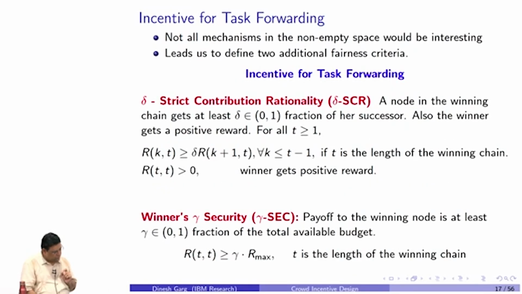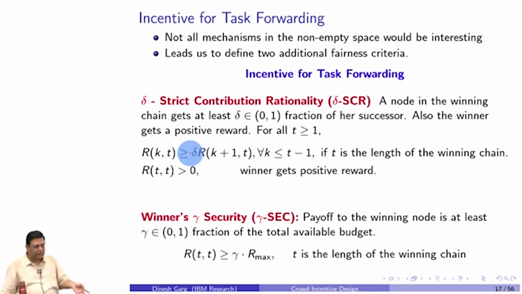Now, we can also define something called delta strict contribution rationality, and winner security. So what is delta strict contribution rationality? This says that for some delta number between 0 and 1, every non-leaf node is guaranteed that he or she will get at least delta times the reward of its recruitee, or reward of its children. So if I am the one who recruited somebody, I should be guaranteed at least some fraction of the reward of the person whom I hired.